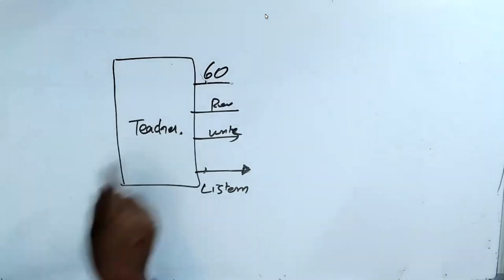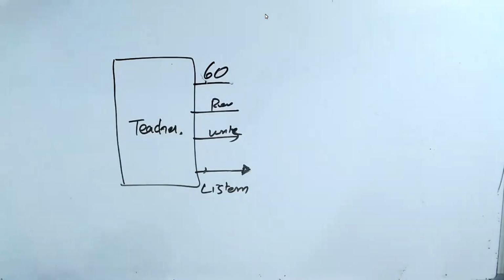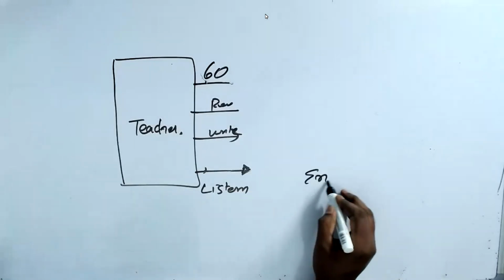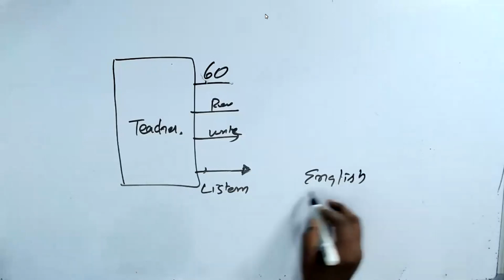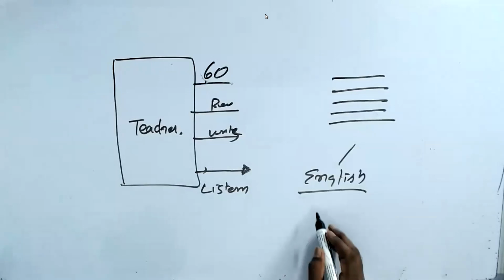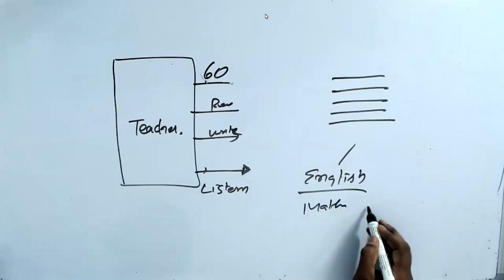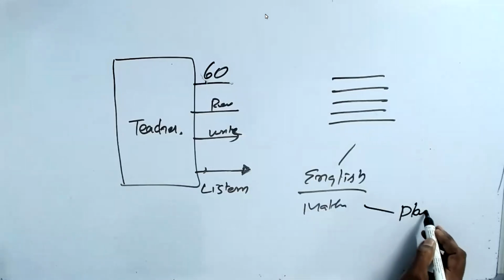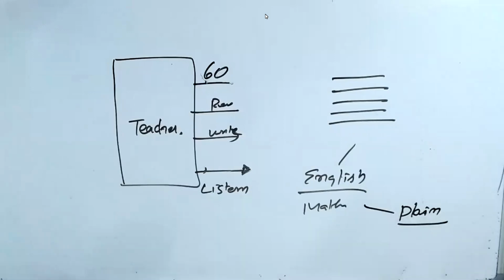Now, the teacher asked you one important thing. Then only she found out that when you write English, the notebook has to be ruled. If you do maths, it has to be plain. On a ruled notebook, when you do mathematics, it does not work.